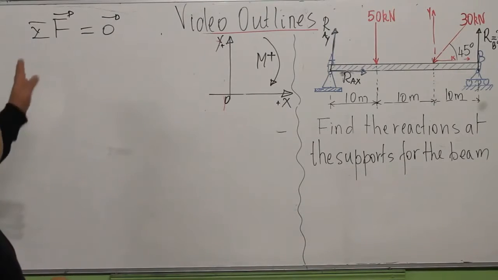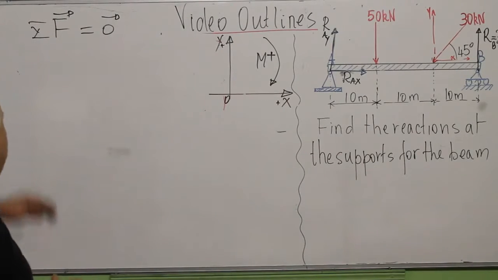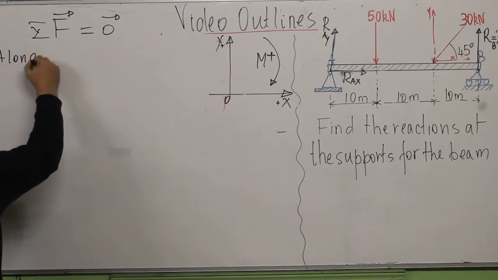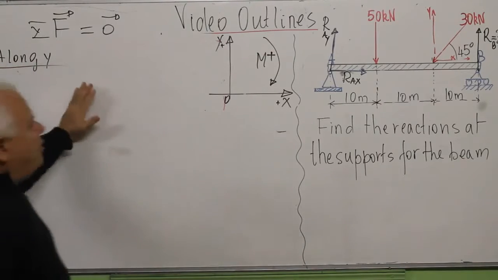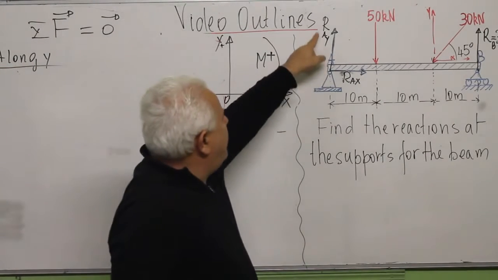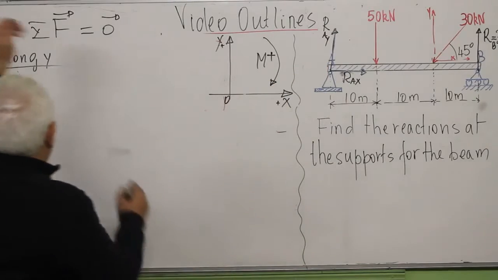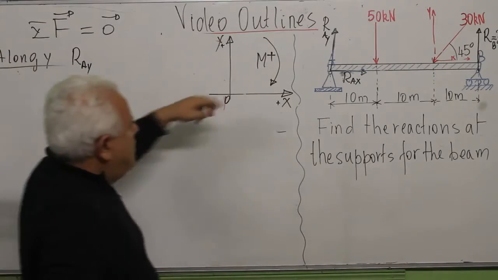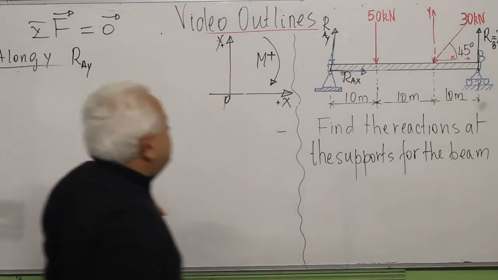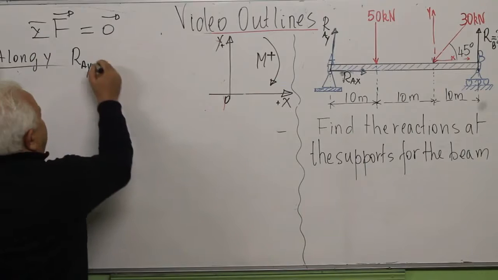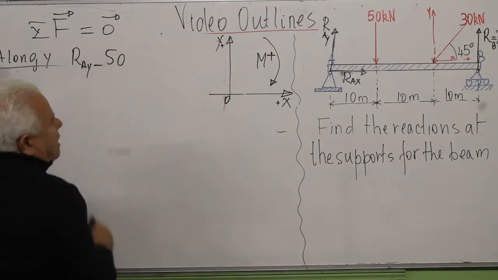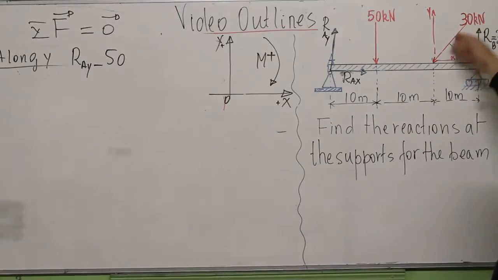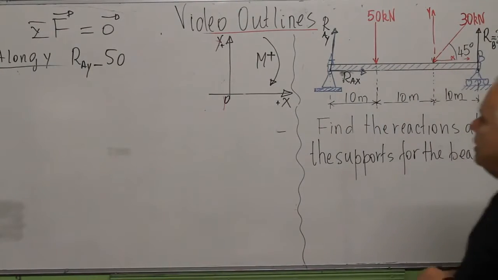I'll have to project this relation along x and y. So along y, what are the forces? Along y, I have RAY minus 50, because it's going down, minus 50 kilonewtons. This one, 30, has a component which is 30 sine 45.